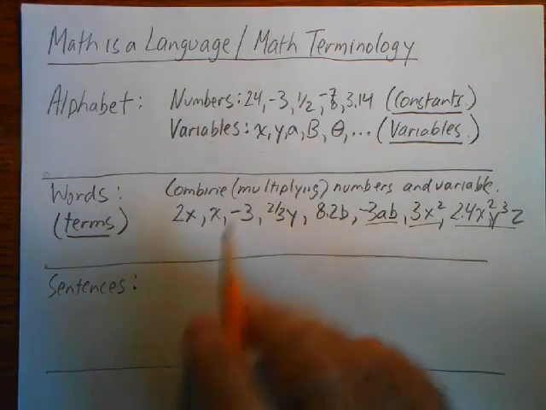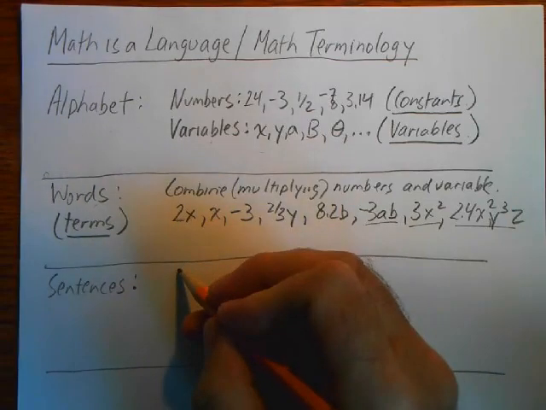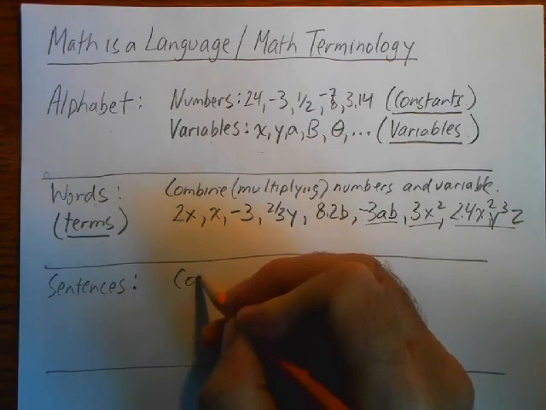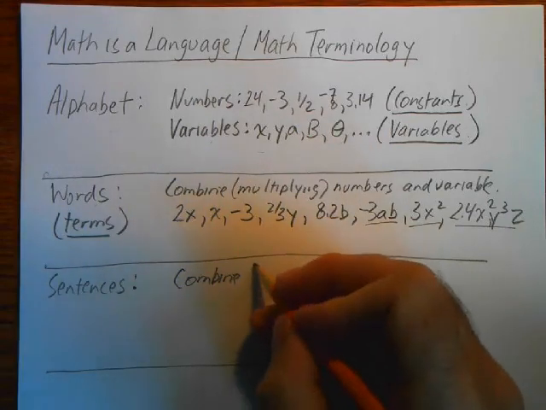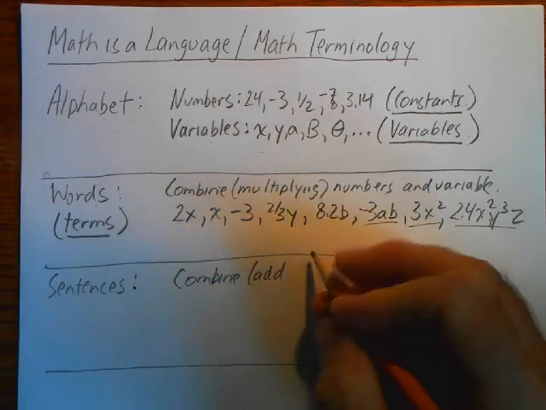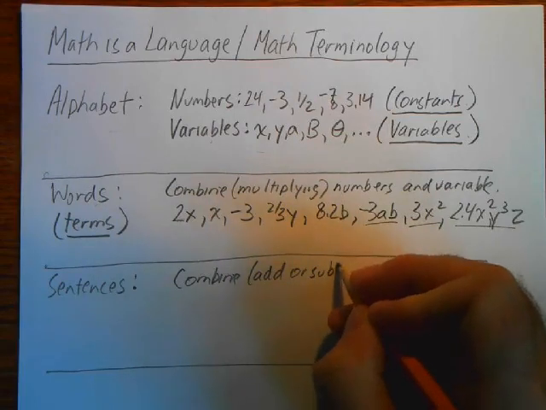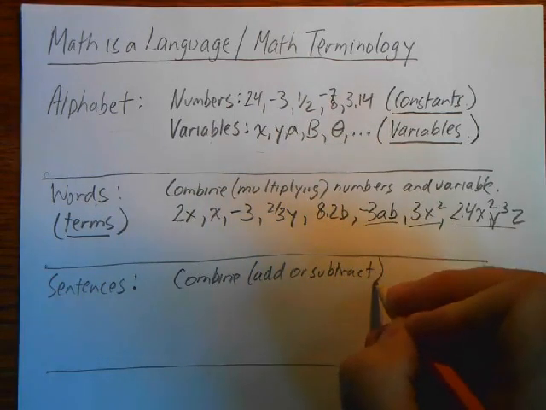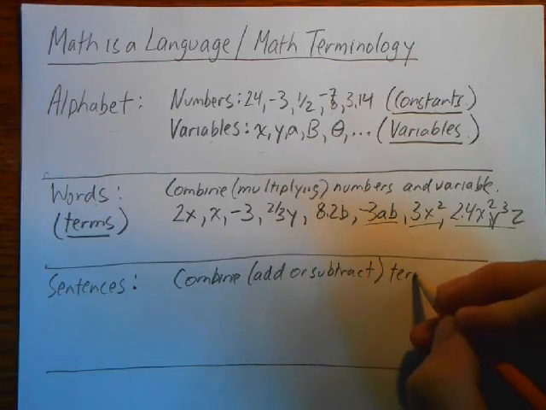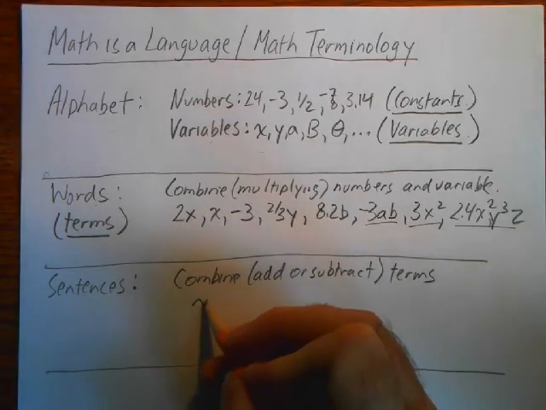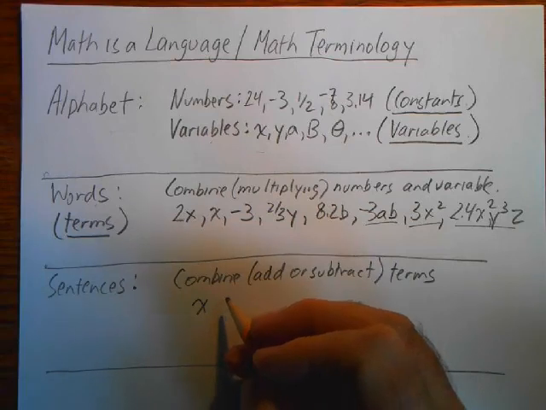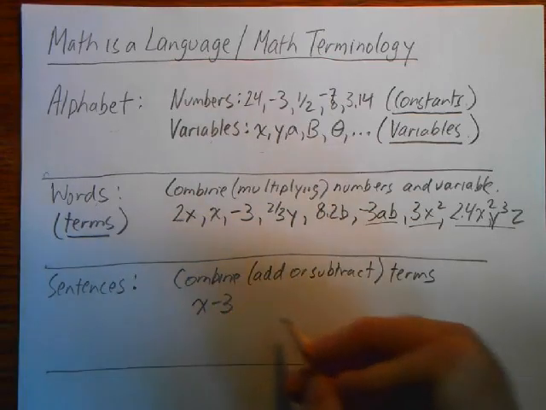So what we do now is we combine the terms together by adding or subtracting. So combine by adding or subtracting terms together. So if I just took some of these, I could have like x and -3.